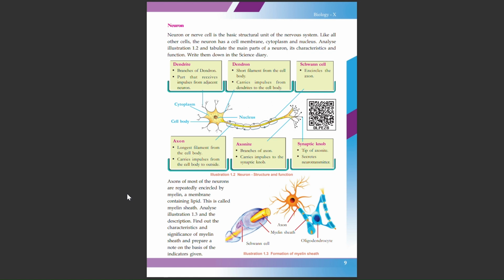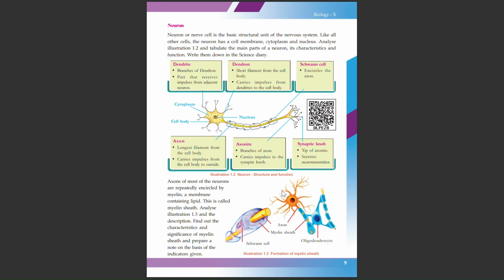Okay. And then the Schwann cell encircles the axon. Then the axonate, a branch of the axon, carries impulses to the synaptic node. The synaptic node is present at the tip of the axonate. You can see here this part, this black color is the synaptic node. It secretes neurotransmitters.